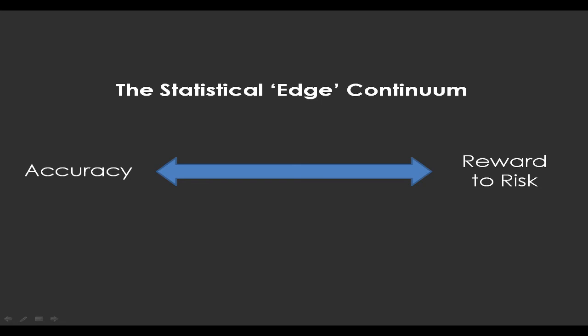Edge, in turn, is the expectation for how much you'll make on average in the long term over a large number of trades. Or if you're playing a game over a large number of coin flips, whatever it may be. That is what edge is. You want the edge to be in your favor in whatever combination of accuracy and reward to risk.